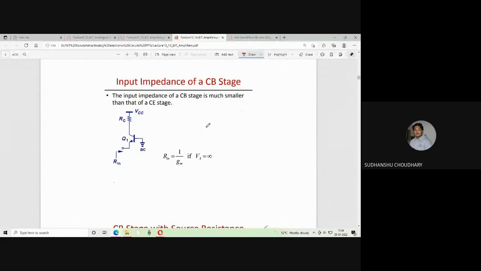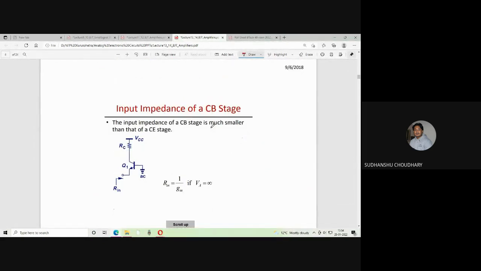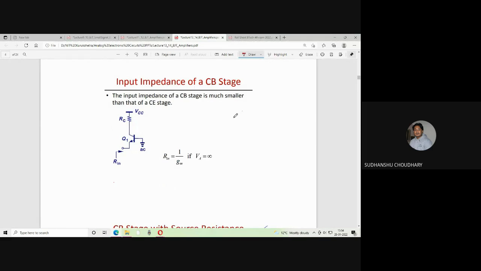Now let us talk about the input impedance of a common base stage. For finding out the input impedance, we need to look from the emitter side, because in a common base, input is applied at the emitter. This is emitter, this is base, and this is collector.